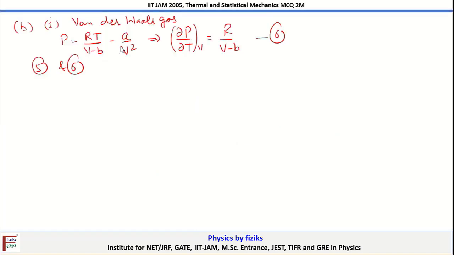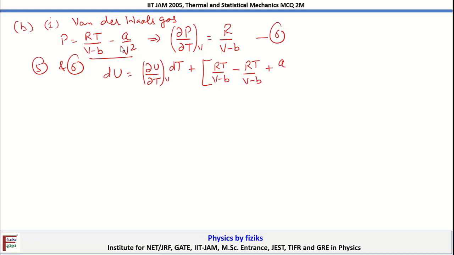So this implies dU is equal to dU by dT at constant volume dT plus T dP by dT. So dP by dT is R upon V minus b, so that will give you RT upon V minus b, minus P. P is equal to RT upon V minus b minus a upon V square, so I'm replacing P with this result: RT upon V minus b plus a upon V square, multiplied by dV.